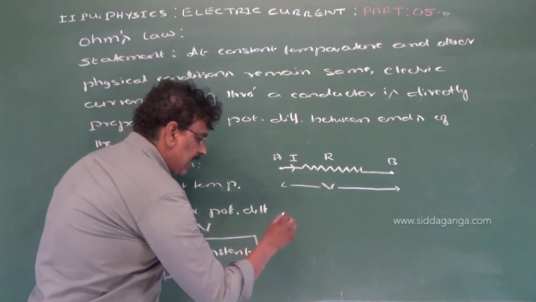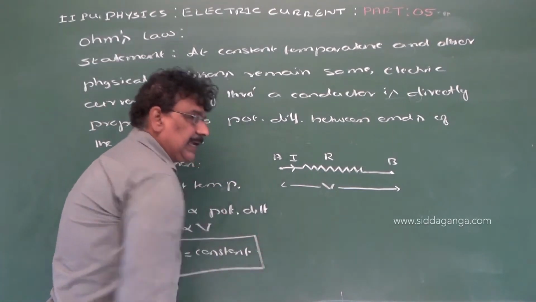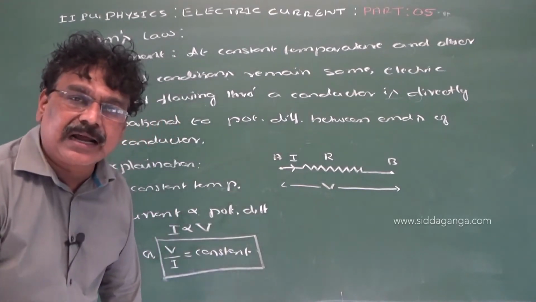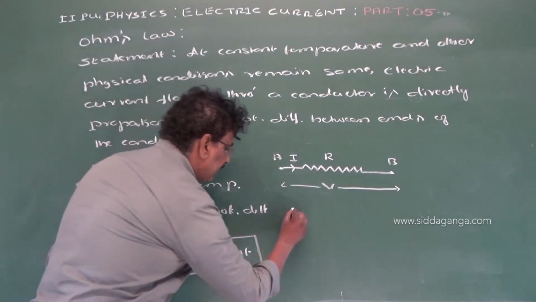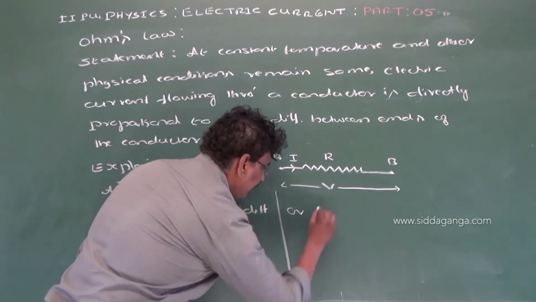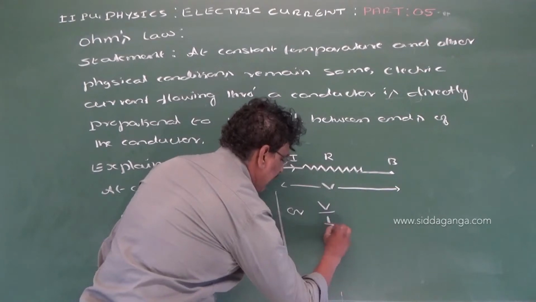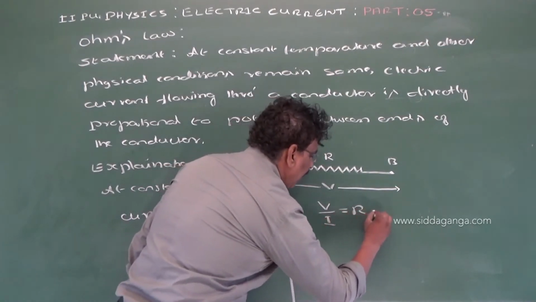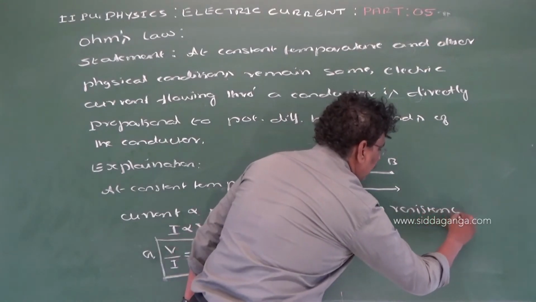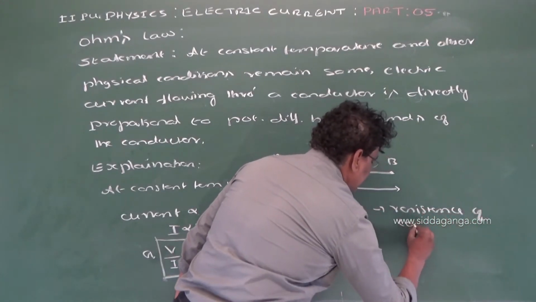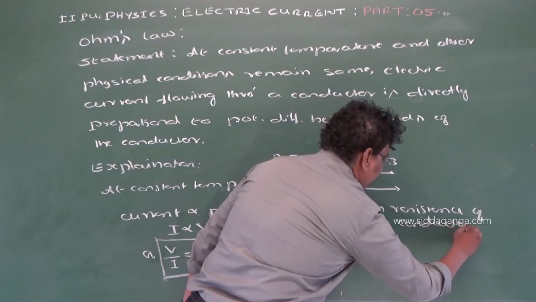Now, this constant is denoted by R and is called electrical resistance of the conductor, or V by I is equal to R, that is electrical resistance or simply resistance of conductor, right?